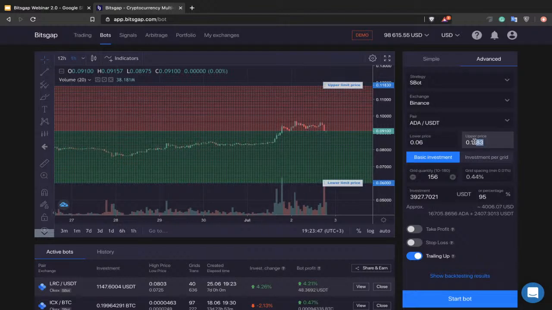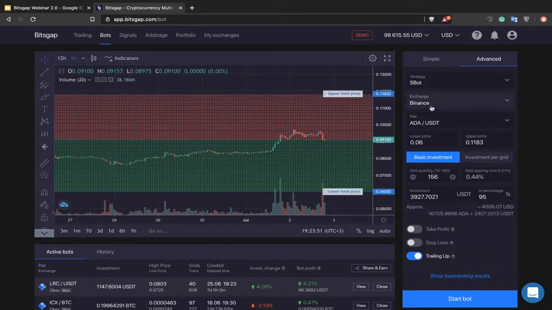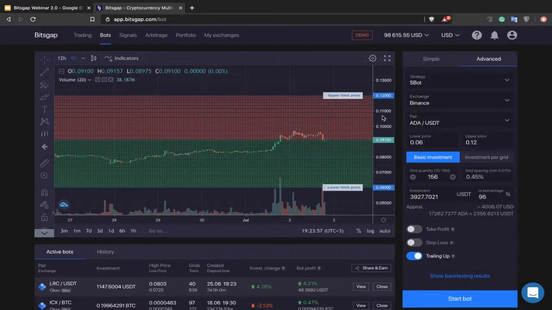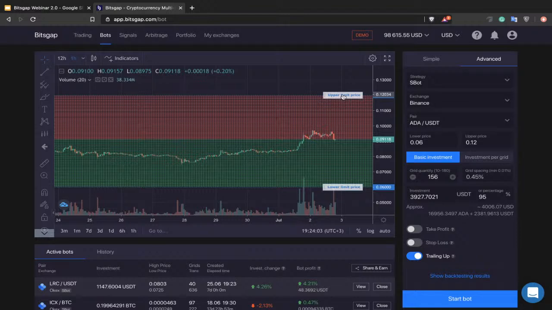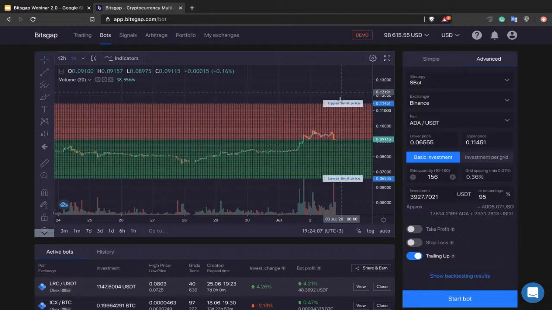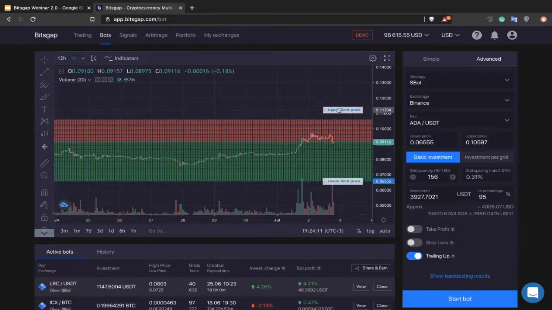And if you want to have the upper limit price higher, you can also manually adjust it. But for your convenience, just to spend less time on that, I recommend dragging the lower and upper limit price on the chart, as what I'm currently doing.